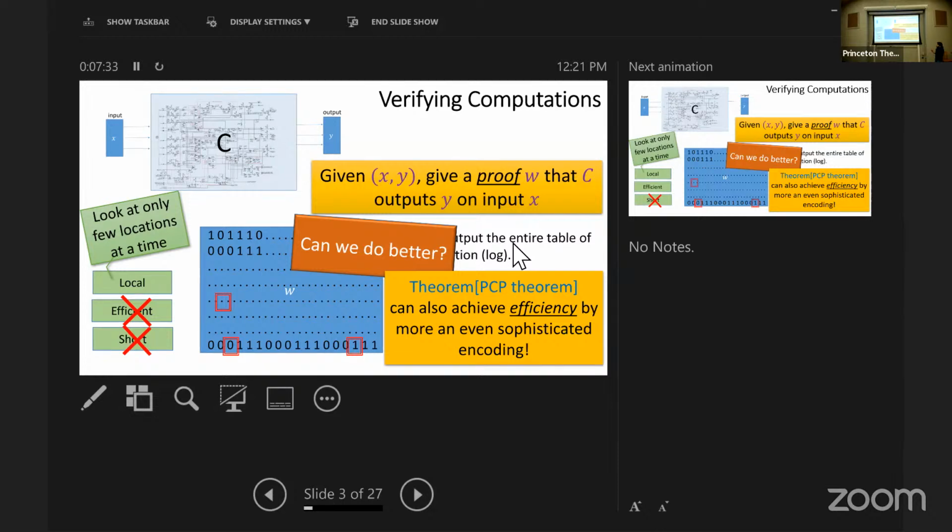But it turns out that you can come up with a witness where you don't have to look at all of the table. This is another classical result called the PCP theorem, which we are going to also discuss, which tells us that you can achieve efficiency. And now I can tell you what efficiency is. Efficiency just means that in total, the verifier is looking at constantly many locations in the witness.